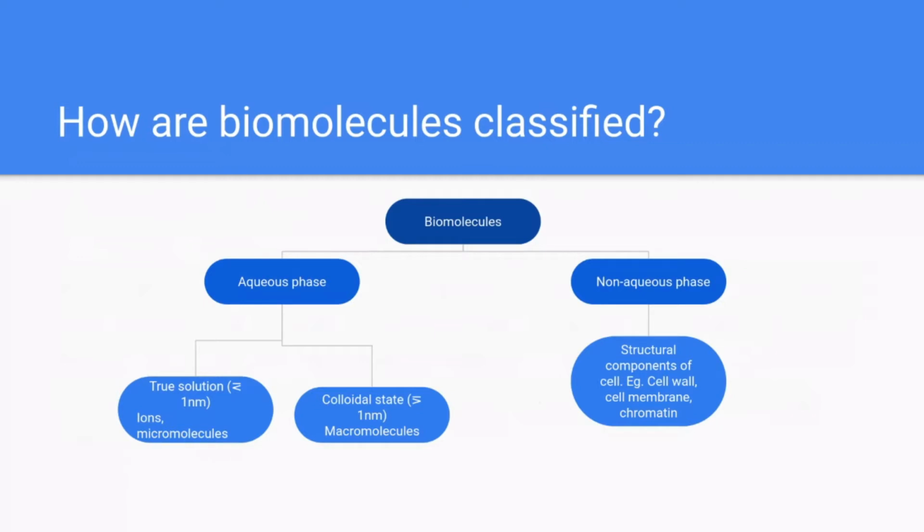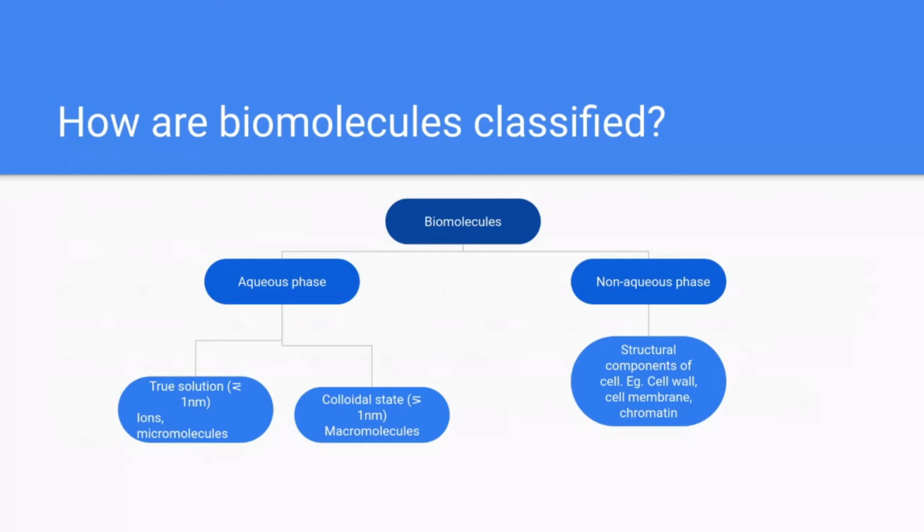So how are they classified? If you classify them according to solubility in water, there is the aqueous phase, which is a true solution, with ions and micromolecules, basically like calcium, sodium, those ions.